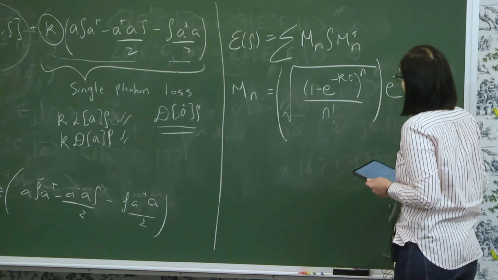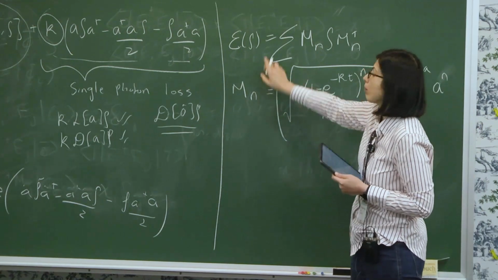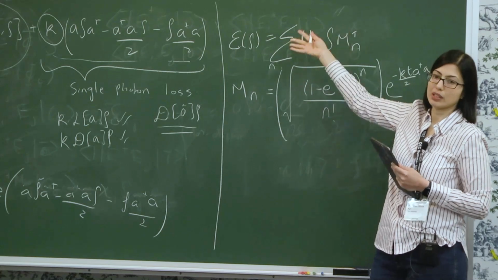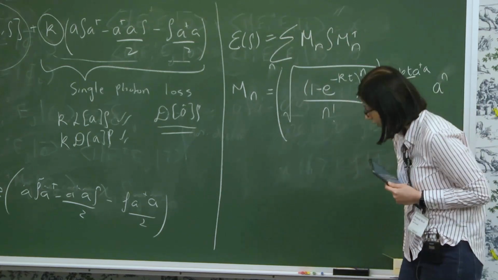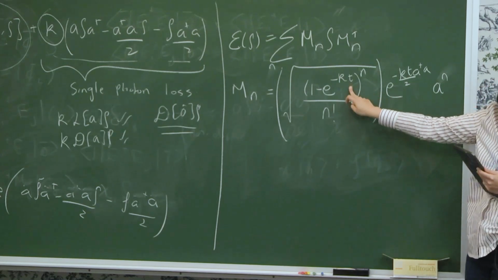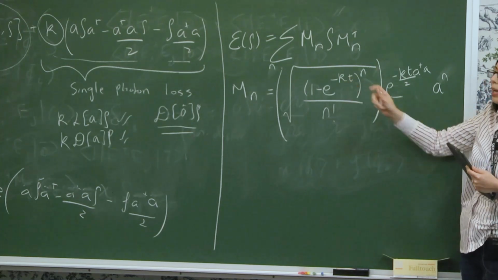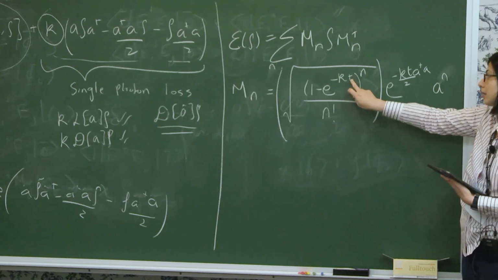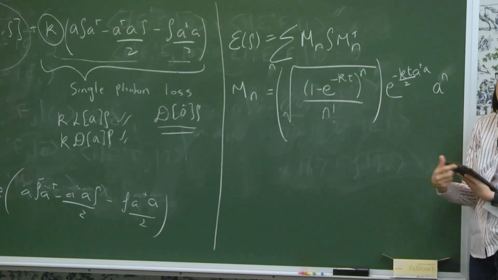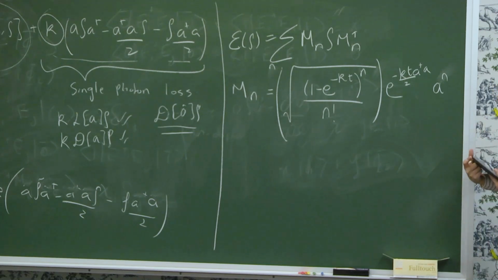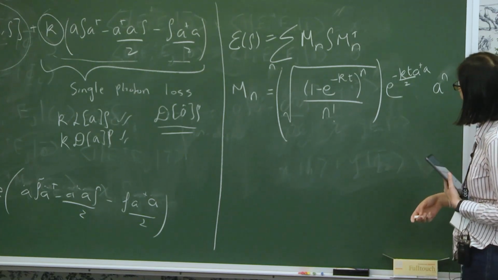This summation over n goes from 0 to infinity, so the channel is an infinite sum over these Krauss operators. T is the time. If you want to look at what happens after 10 microseconds or 100 microseconds, that's the number you change. And kappa is how fast your environment is coupled with your oscillator.